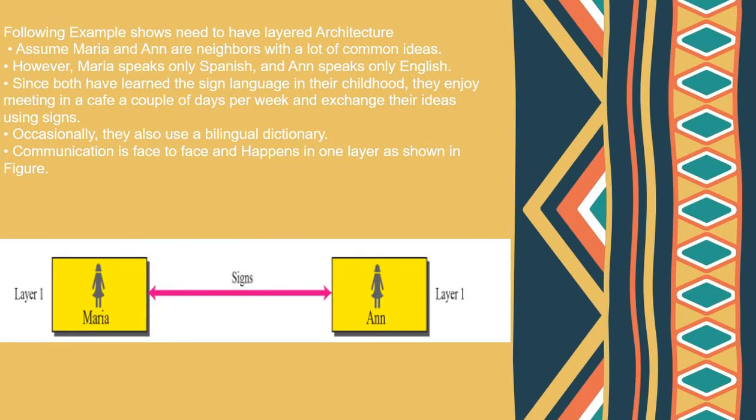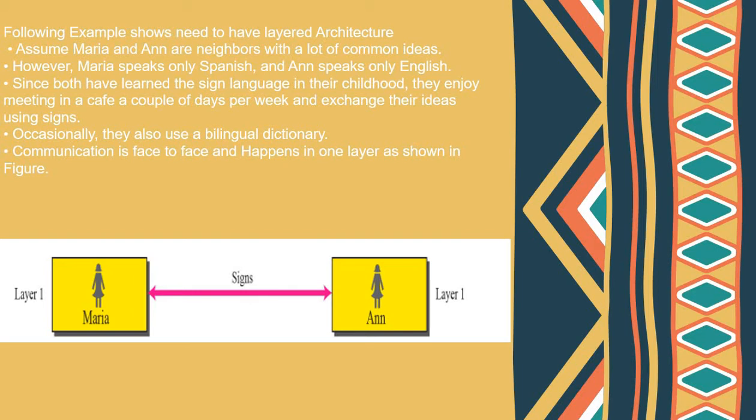You can see this example which is related to layered architecture. Assume that Maria and Anna both are neighbors with lots of common ideas. Now, Maria speaks only Spanish and Anna speaks only English. In short, there is a language barrier between them.